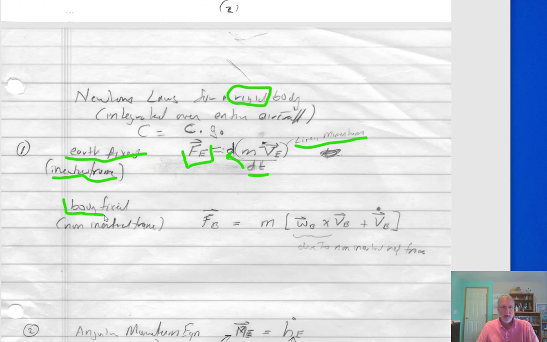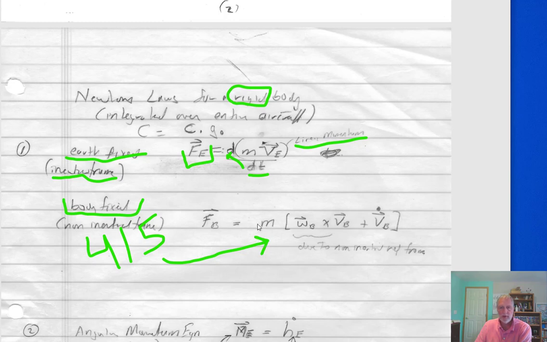In the body fixed axis system, you learned in dynamics as well as in AE 415 that because it's rotating, it's a non-inertial frame.